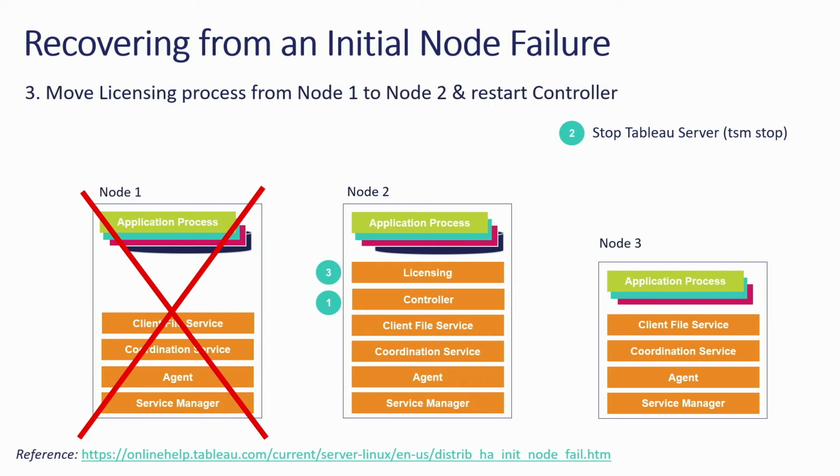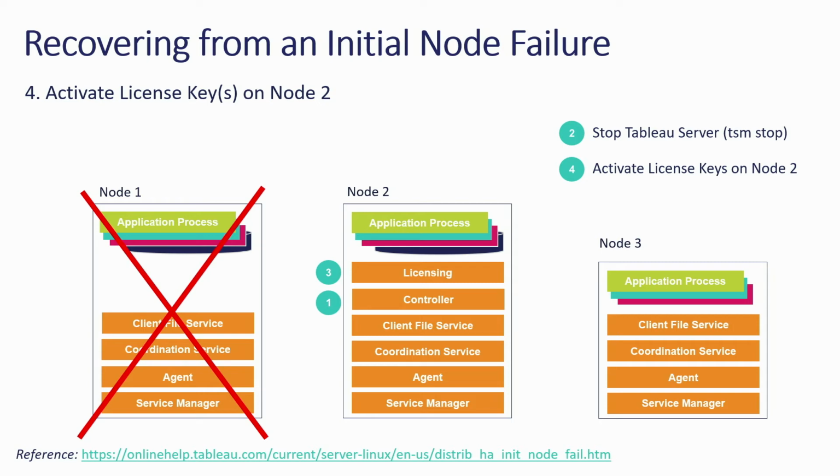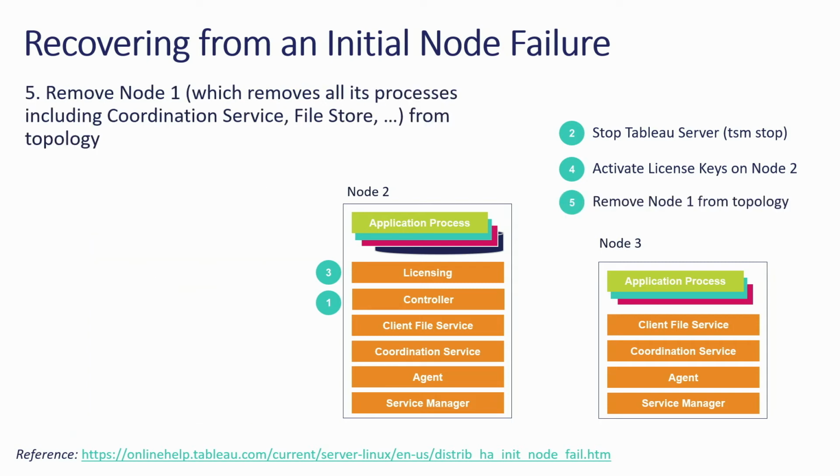You want to also move the licensing process off that first node. So move the licensing process over there, and you actually will need to restart the controller after you do that. It's kind of an oddity. Activate the license keys on the new node. And then, where this is going to resemble a lot what we did before, right? We need to remove node 1 from the cluster.